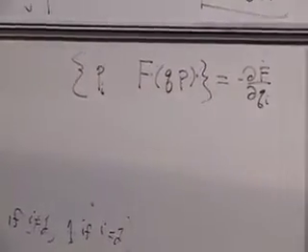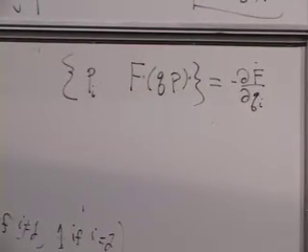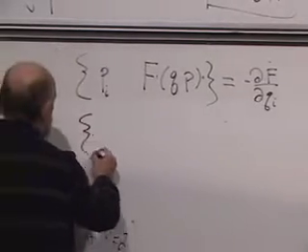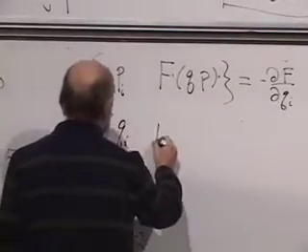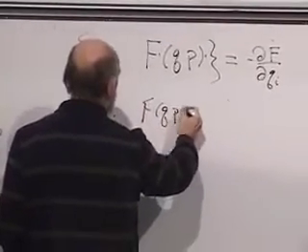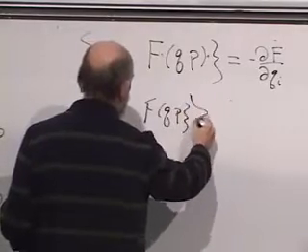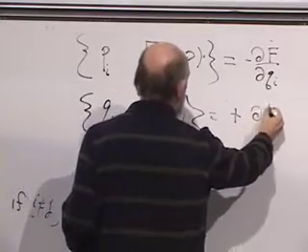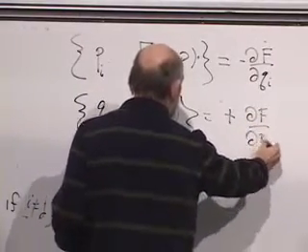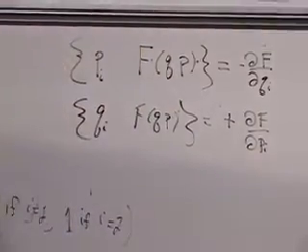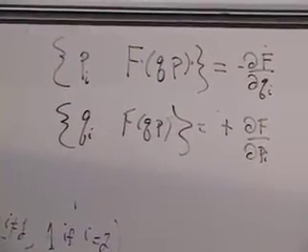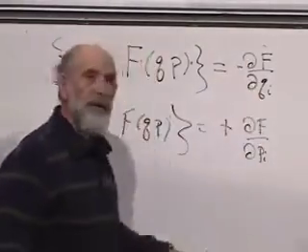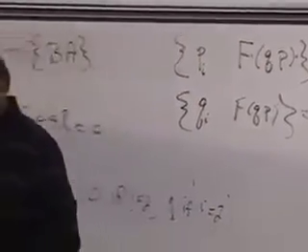So taking Poisson brackets with P's and Q's is basically the act of taking the derivative with respect to Q and P. Likewise, the Poisson bracket of Q sub i with F is equal to plus dF by dP sub i. So taking the Poisson bracket with a Q differentiates with respect to P. Taking the Poisson bracket with P differentiates with respect to Q, but you have to keep track of the minus signs.